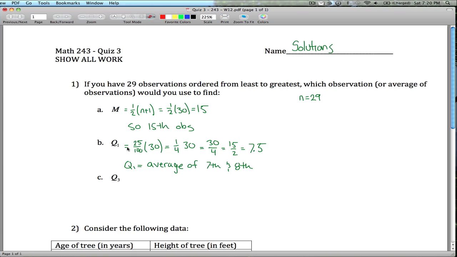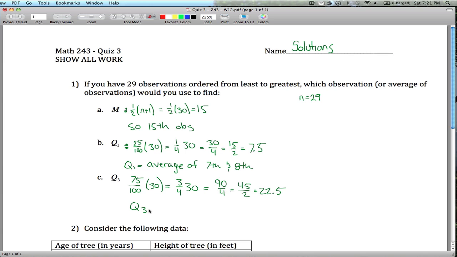And for Q3, I guess these should be like colons instead of equals because I'm showing you how to find them. For Q3, we want the 75th percentile, which is 3/4 of 30, which is 90/4, which is 45/2, which is 22.5.